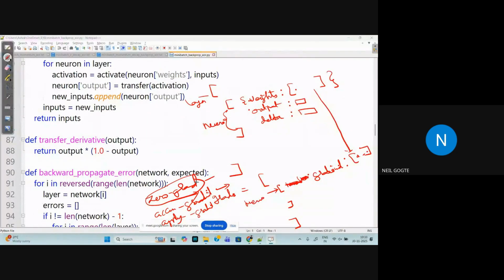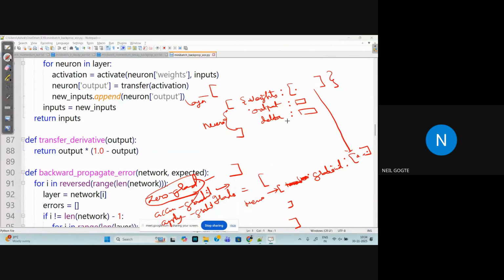Okay, so now I'm going to talk about these 3 functions: zero grad, accumulate grad, and apply grads. I'm going to show that, because the rest of the code has continued to remain the same for the last 3 or 4 weeks. So I will not talk about it again, but let's focus on the essentials of this.